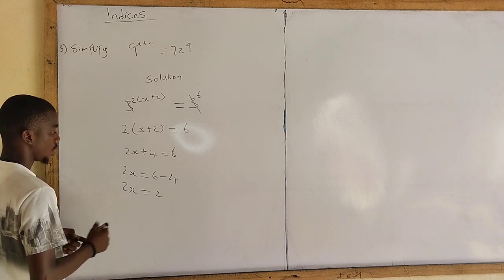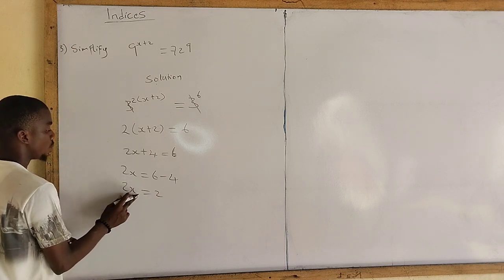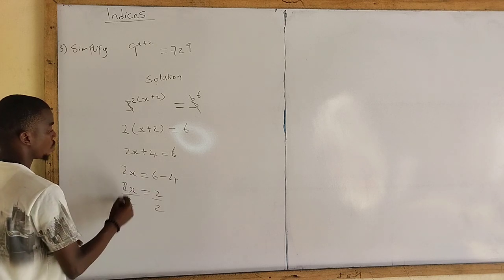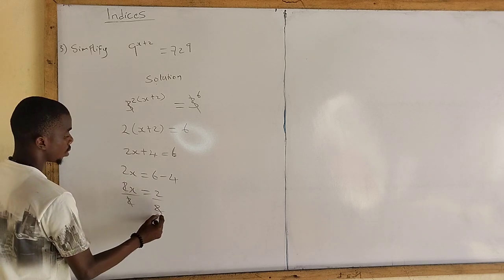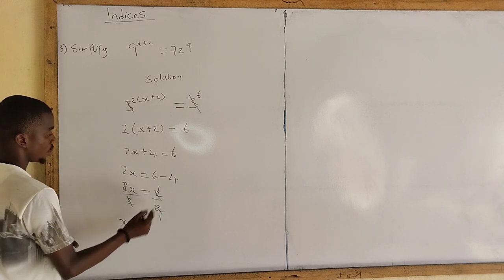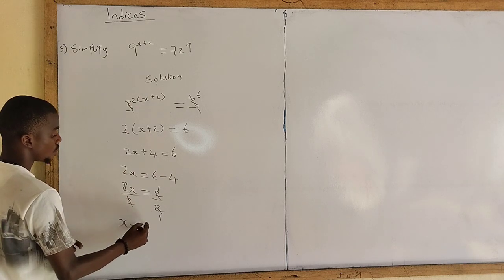So we divide both sides by 2 so that x can stand alone. 2 divided by 2 is 1, and 2 divided by 2 is 1, so this is x. Remember, 1 divided by 1 is 1. x is equal to 1.